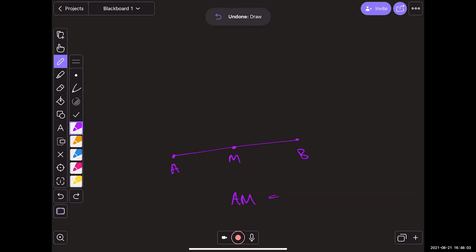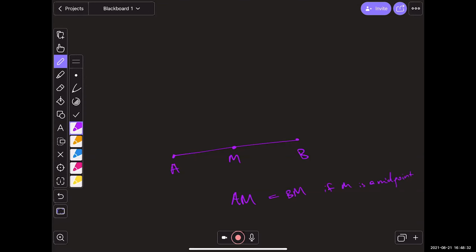But AM alone, just written like this, refers to the length of A to M. We know that this length is equal to the length of B to M. So we write that AM is equal to BM if M is a midpoint. Okay, so that's what a midpoint is.